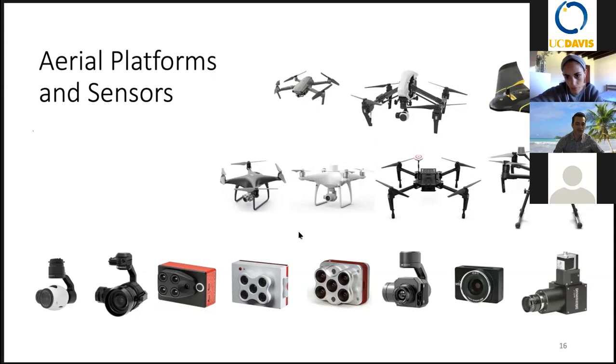So this is what we have now, but in future, I'm sure we will have more and better products. And these are different types of sensors we can use. There's the hyperspectral sensor, for example, on the lower right, thermal sensor, and multispectral sensor that can reveal the image of the plant in non-visible bands.